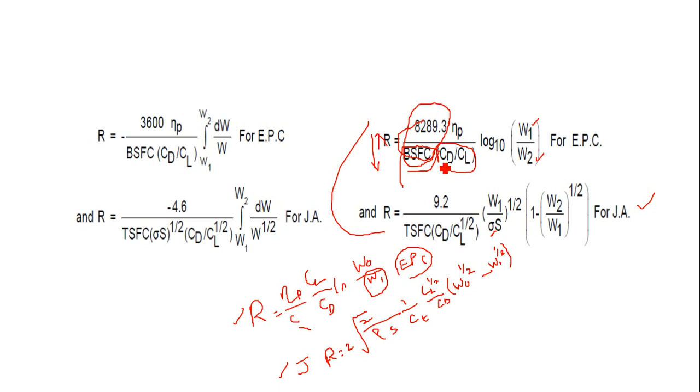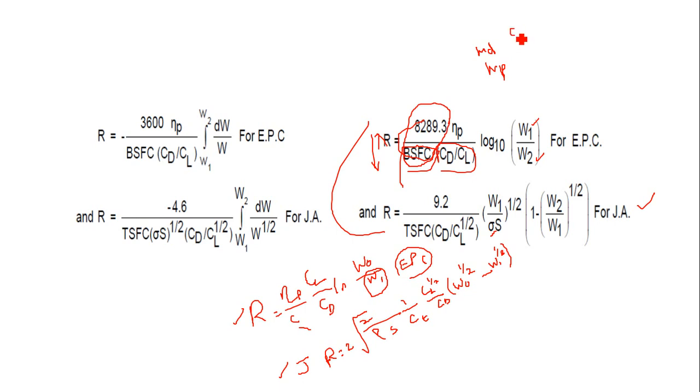First we need to remember that CD by CL means it will be at the minimum drag condition, and CD by CL power 3 by 2 means it will be at the minimum power condition. So there are two conditions you should remember: one is the minimum drag condition, another is the minimum power condition.